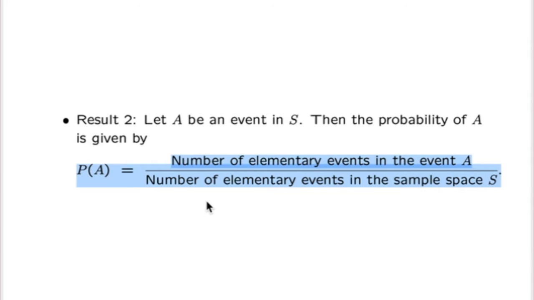All right, so how do we calculate the probability of an event when the experiment is conducted in such a way that the elementary events are equally likely? Well, this probability is the number of elementary events that are in the composite event A divided by the number of elementary events in the sample space.